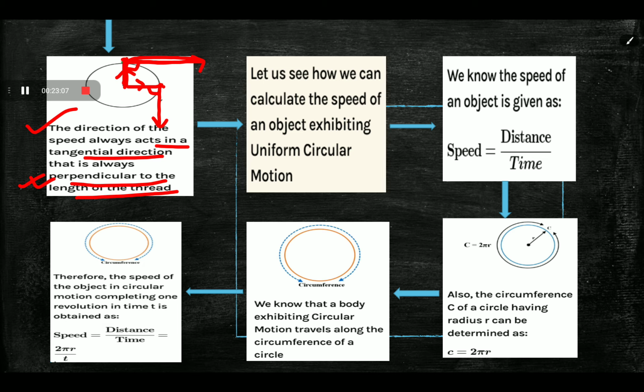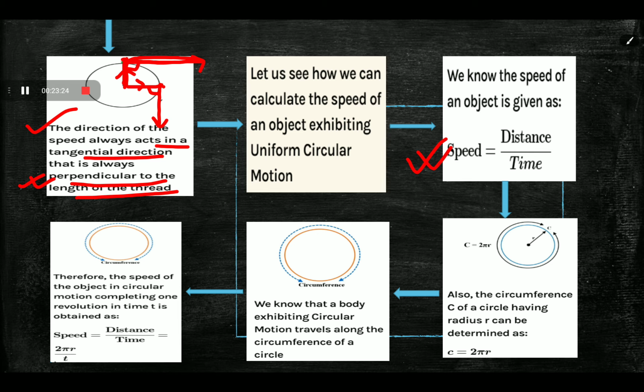Now, we will find how to find the speed when the object moves in a circular path. We know the formula to calculate speed is equal to distance by time.